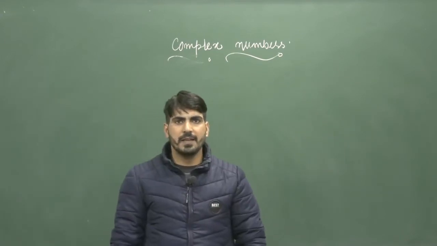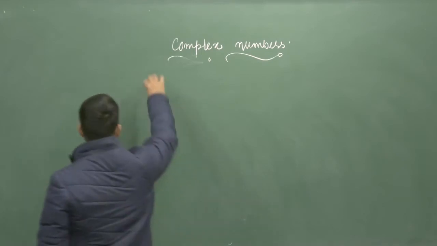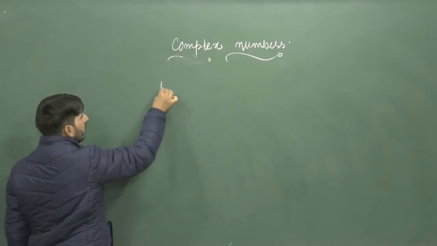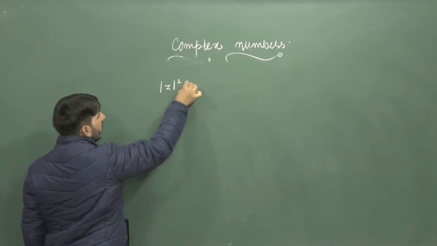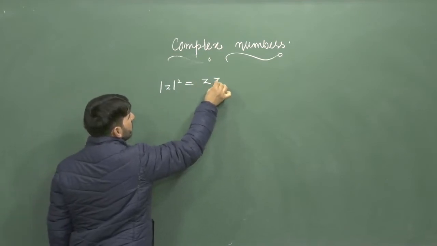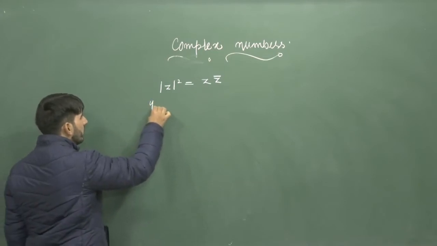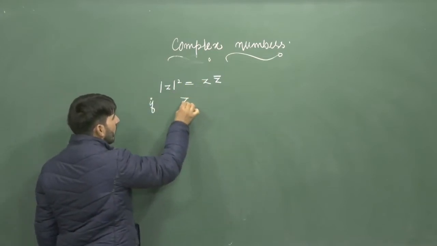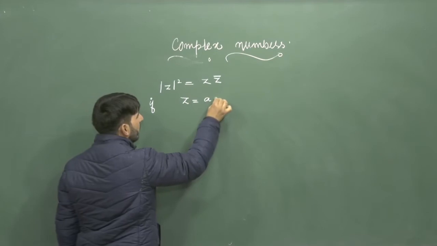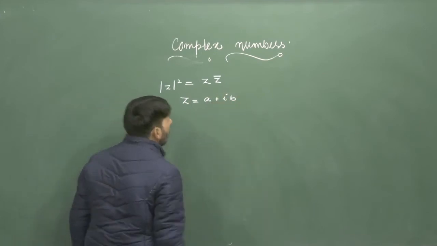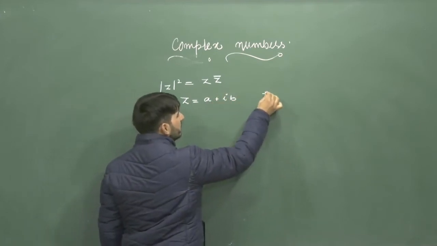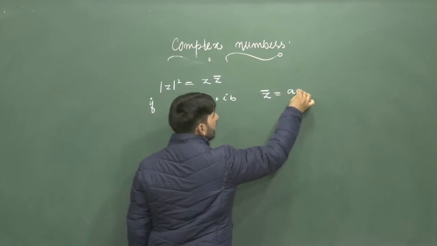Let us define another term that you have to remember: modulus of z square can be written as z into z conjugate. For example, if we have a complex number z is equal to a plus ib, we know that its conjugate is z bar, that is a minus ib.